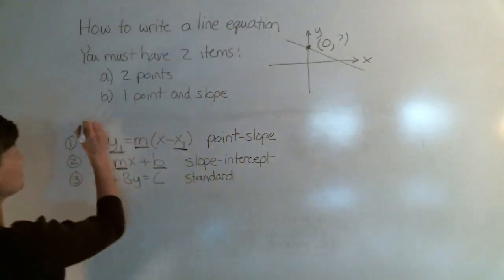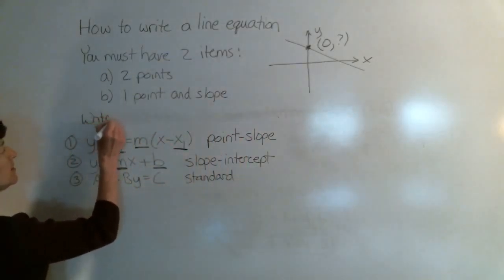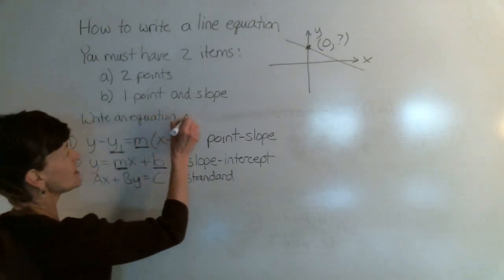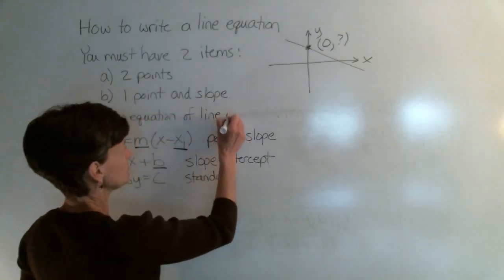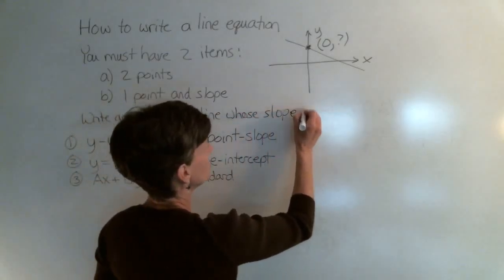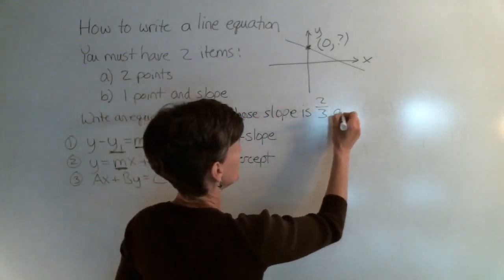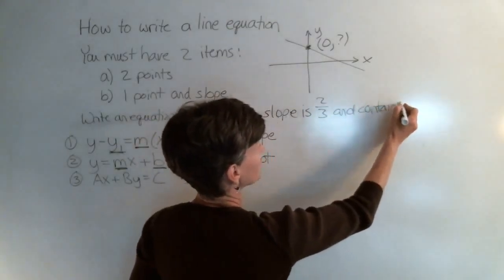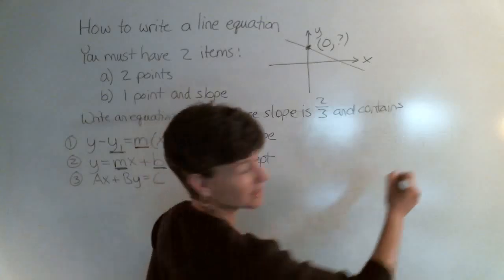All right, so now we want to write an equation of the line whose slope is 2/3 and contains, the line contains, all right.